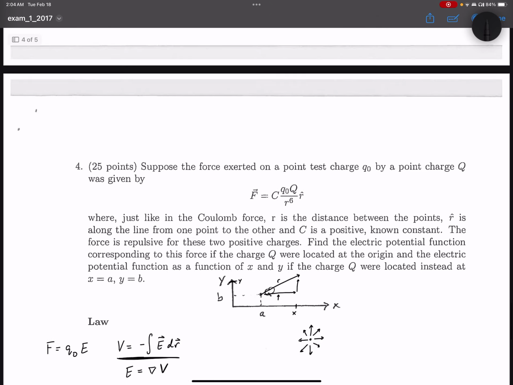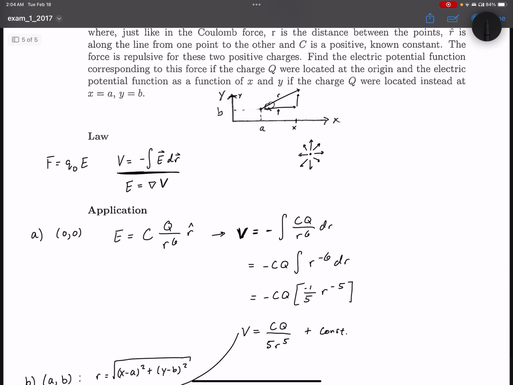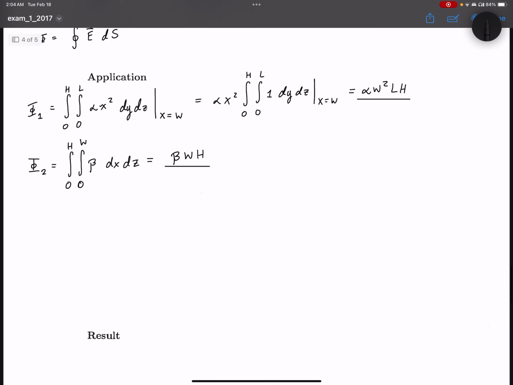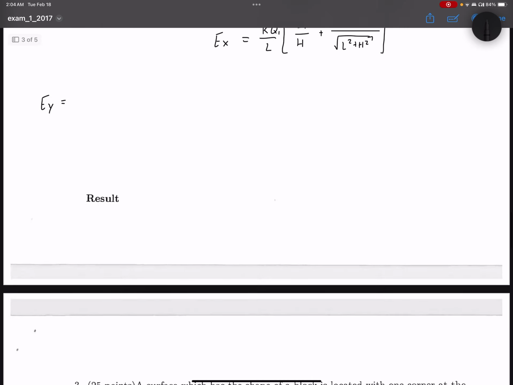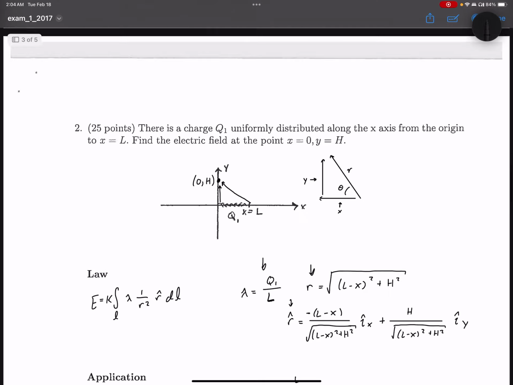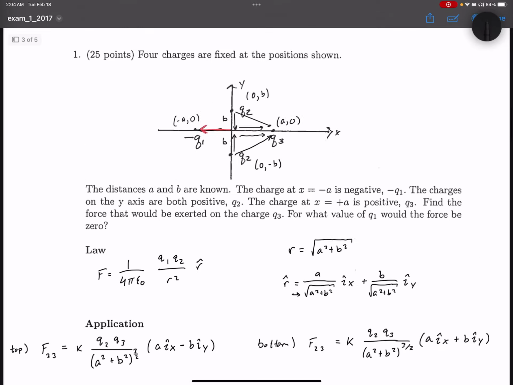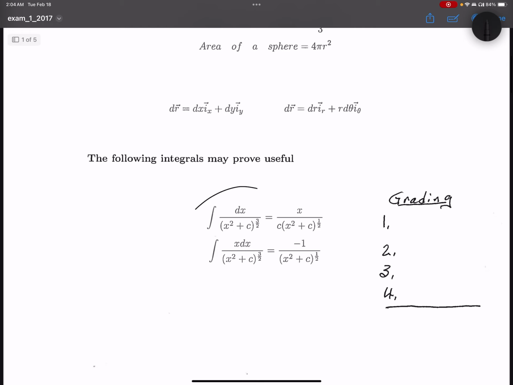But yeah, most of the questions that I've seen on these past exams look like this and have a similar format and run the same way. I've seen some that are a little bit different, like this question 4 is definitely an odd one. I wasn't expecting to see it, but it is here. Flux is pretty self-explanatory. I would say question 2 is probably the hardest one to do because you have to use calculus. You kind of have to know how to set up the integral and then again using this, which is ironic because they give you the answer practically, but it's still weird. It was weird for me for sure.